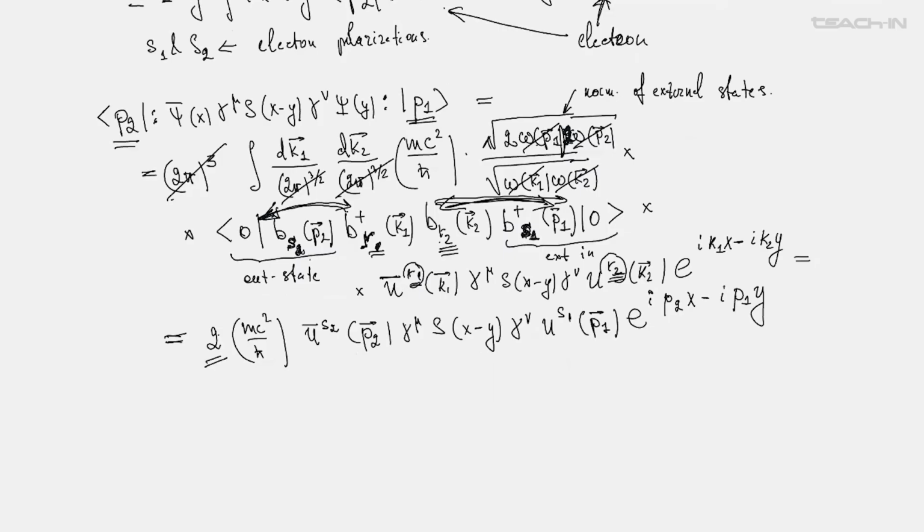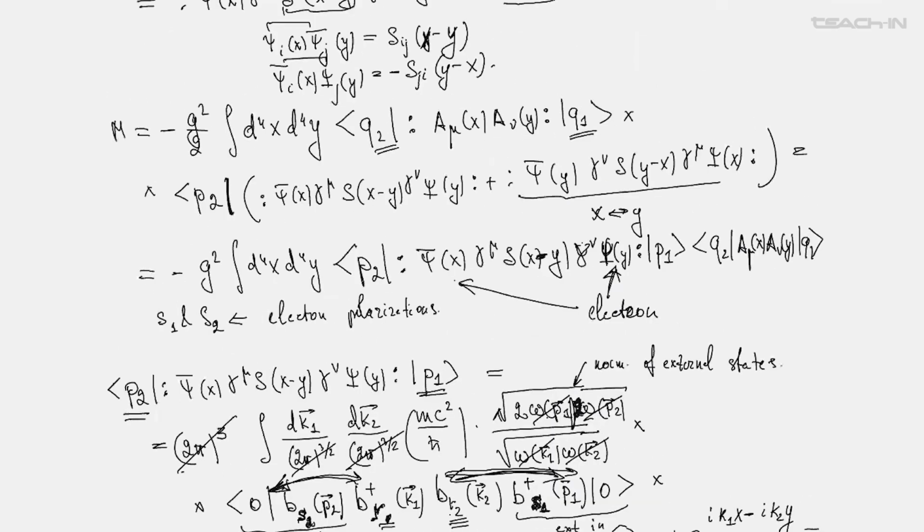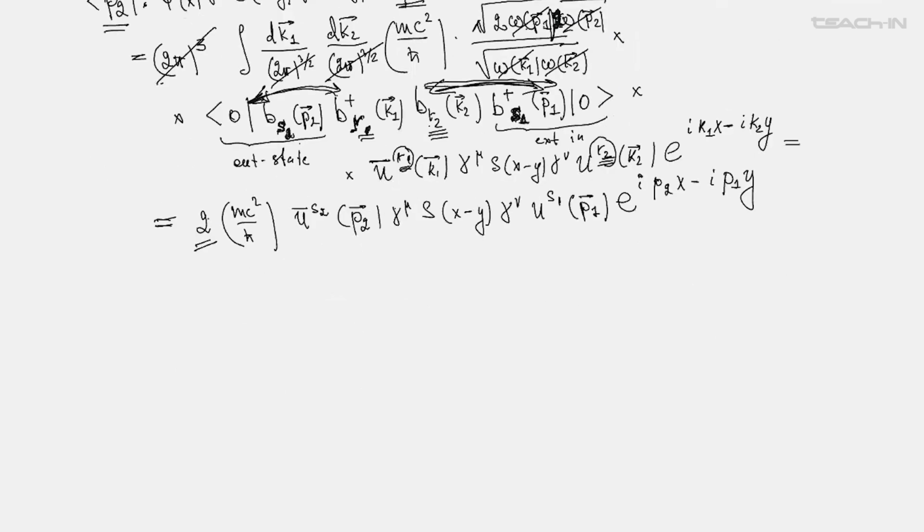But before, let me also discuss this photon part, which involves electromagnetic potentials. We also have a decomposition in terms of creation annihilation operators. So if I wanted to compute explicitly this matrix element of the electromagnetic potential sandwiched between initial and outgoing photons, then I will get the following.